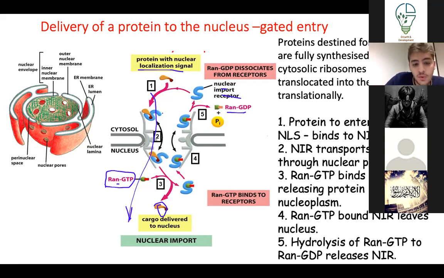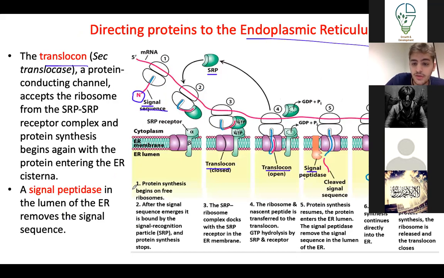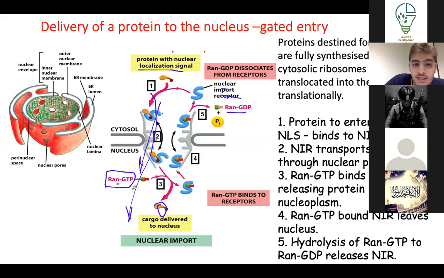But what I want you to know is that importin is involved in the transfer inside, RAN-GTP is involved in the transport of importin outside, and that unlike the rough endoplasmic reticulum, nothing cleaves the signal sequence. So the signal sequence is part of the protein structure. Does that make sense?